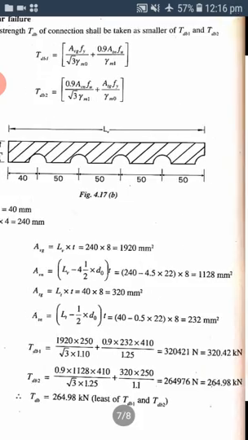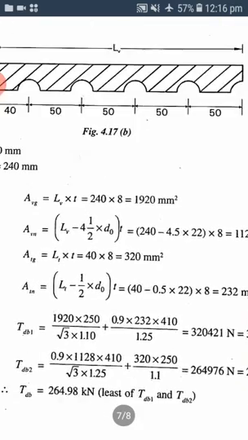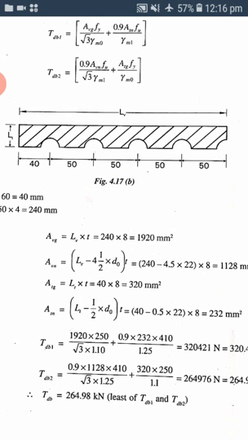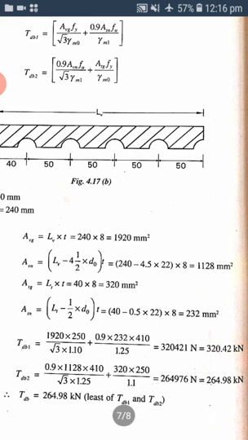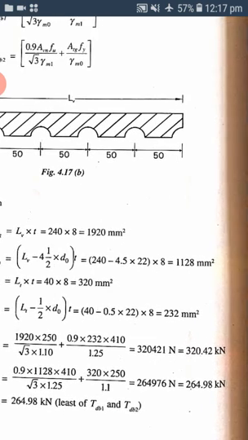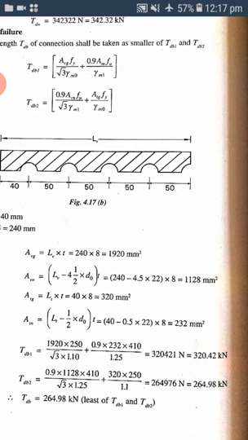Once you get ATG, ATN, AVG, AVN, substitute in the above equations, that is TDB1 and TDB2. When you substitute, you will get TDB1 and TDB2, where TDB will be the least of TDB1 and TDB2. Which is the least one? 264.94 is the least one.